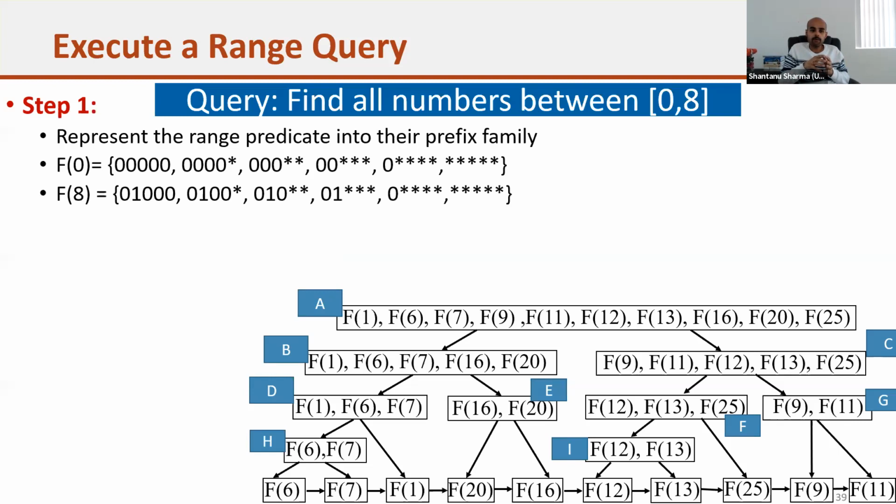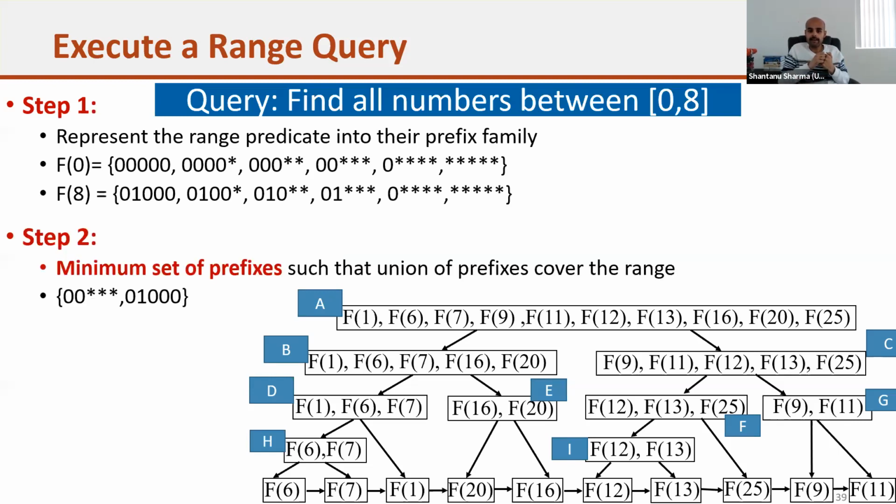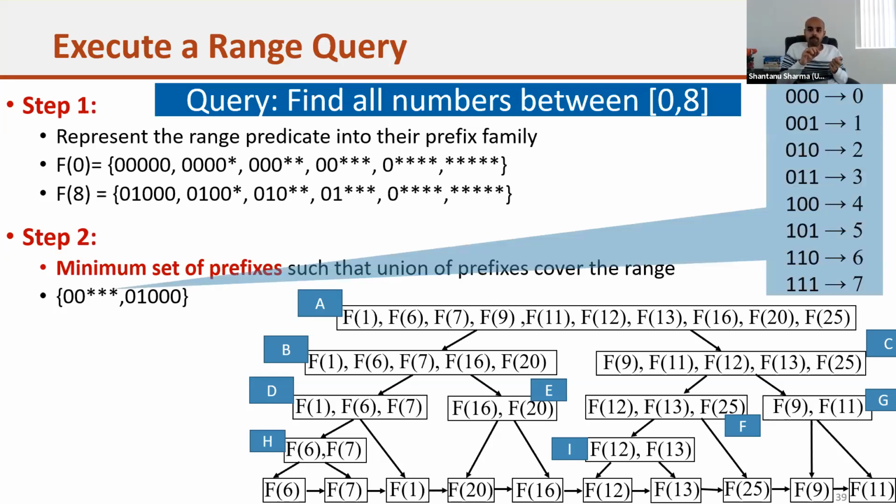After that, we find the minimal set of prefixes that can cover the entire range. The minimal prefix set contains only two elements, 00*** and 01000. If I have only these two, I can find all the numbers, because the first one will cover all the numbers from 0 to 7.